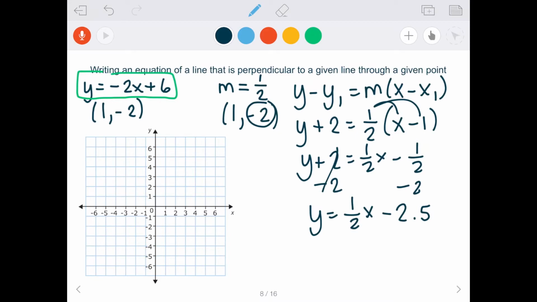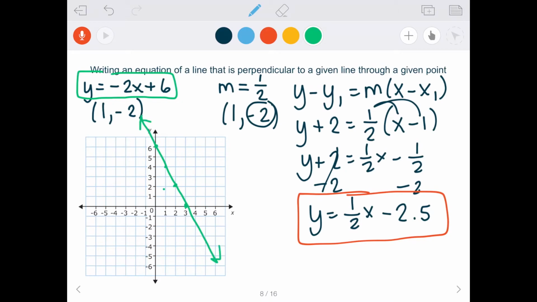So if I were going to graph this, let's graph the original line first. It's one we just had. All right. And the second one should be perpendicular. I've got a y-intercept of -2.5. I should have done this so that it worked out better, but that's okay because halves I can guesstimate.